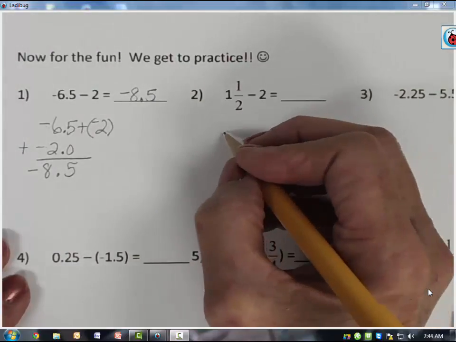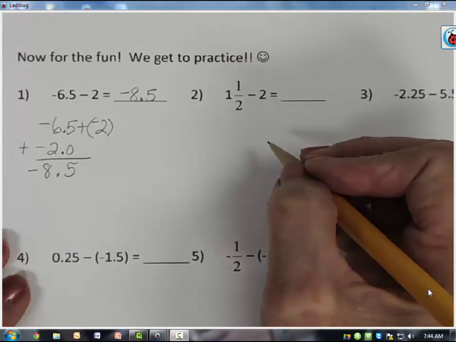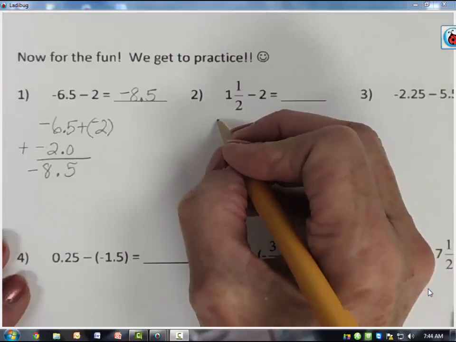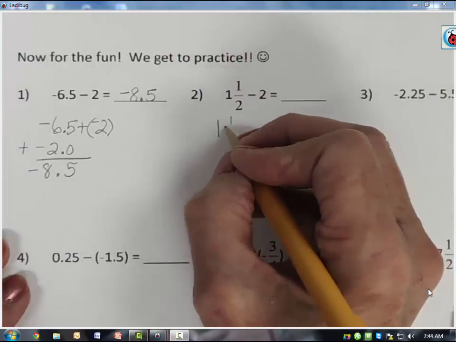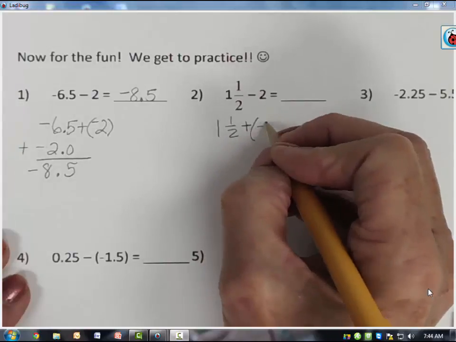Underneath, I want you to rewrite the second one, and I'm going to give you a second to do that. So 1 and 1/2, change, and then change to negative 2.